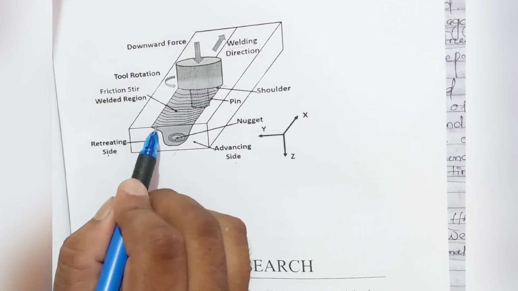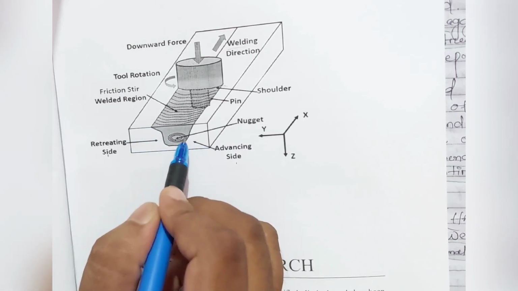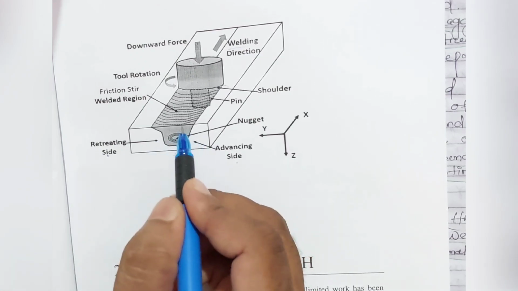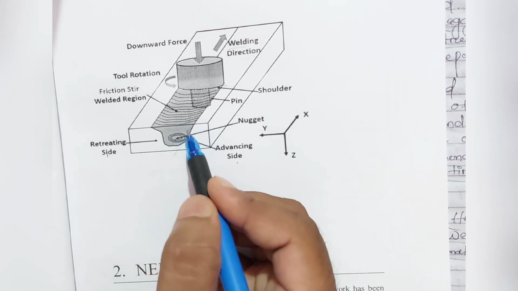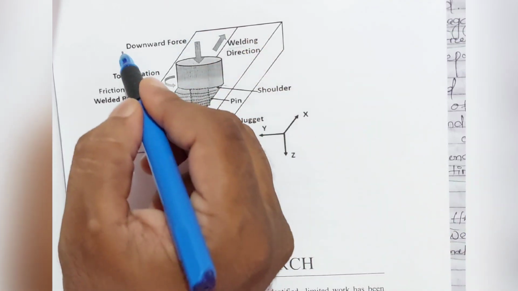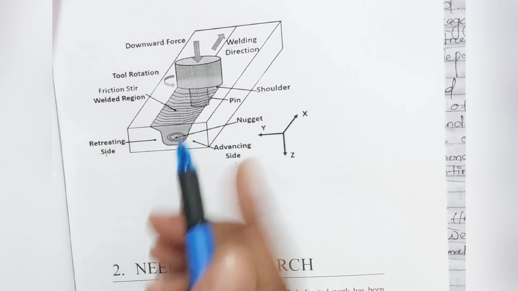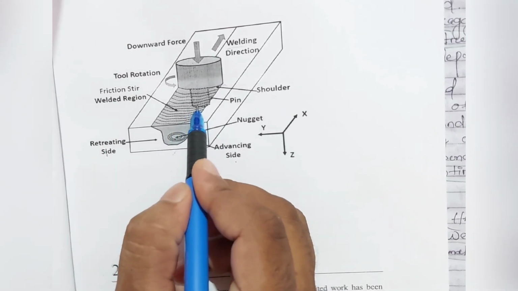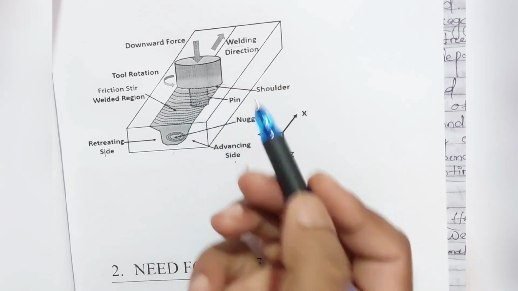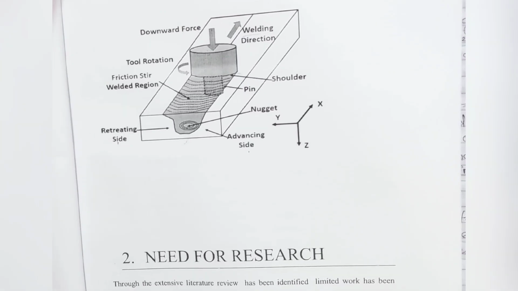The metals are carried from this side to the advancing side, and in the advancing side it deposits the metals, and like this the welding process is done by the help of the rotation and the axial force of the tool at the upper side. Then a high pressure is generated. Due to this high pressure, temperature is generated. Due to this temperature, in this zone the welding is done before the melting point.